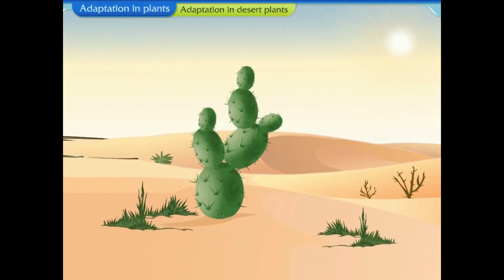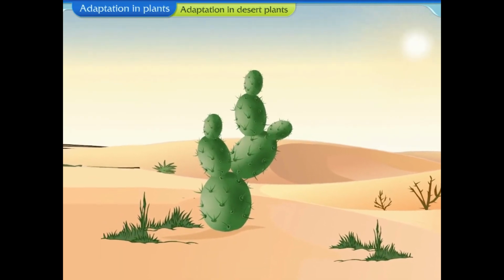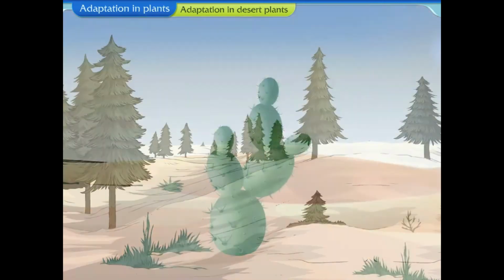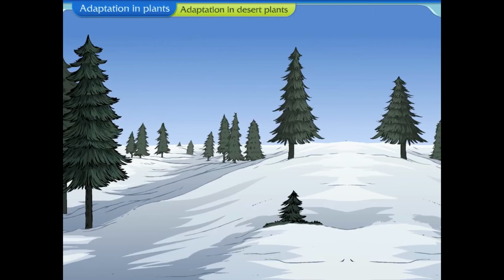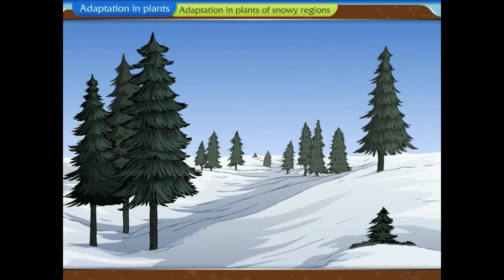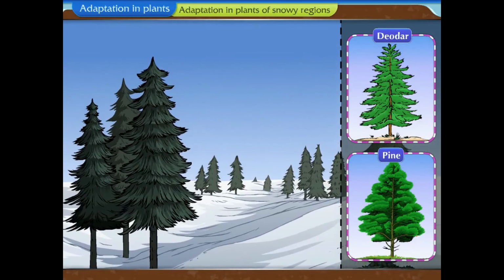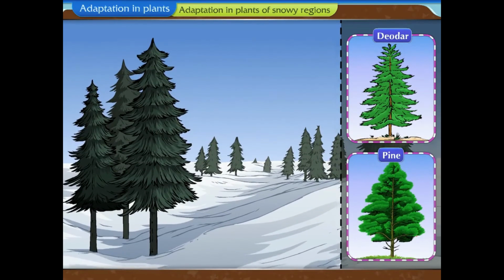After the study of adaptation in desert plants, now let us understand the adaptation in plants of snowy regions. Adaptation in plants of snowy regions. The plants in snowy regions mainly comprise of tall coniferous trees like deodar and pine.